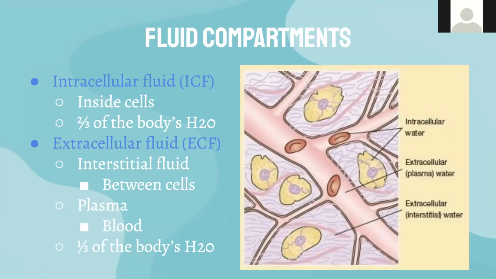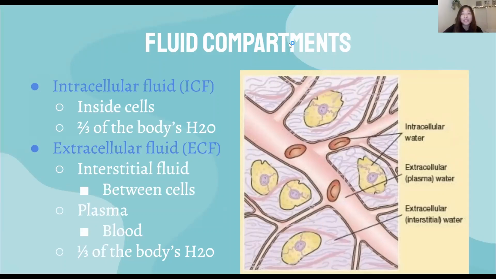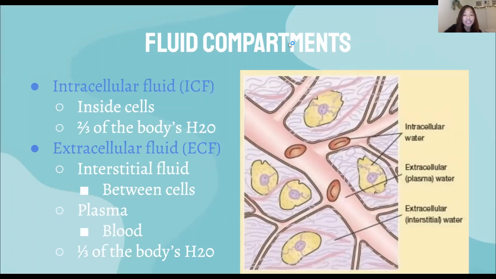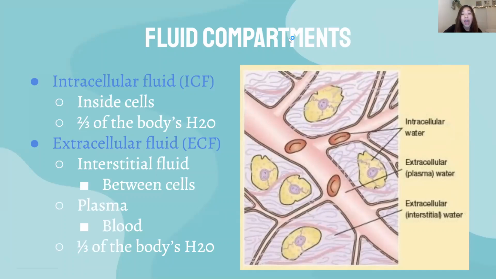This contains the interstitial fluid and plasma. Interstitial fluid is between the cells, and plasma is just a fancy word. The ECF contains about 1/3 of the body's water and is generally high in sodium and low in potassium. In the picture, you can see that plasma is red, the purple is interstitial fluid, and the yellow is ICF.